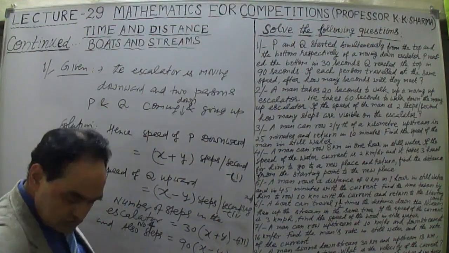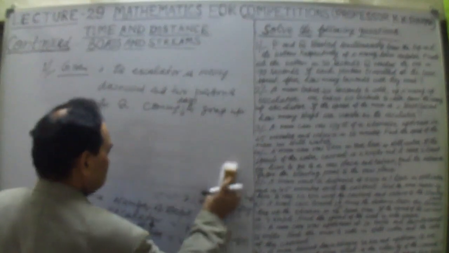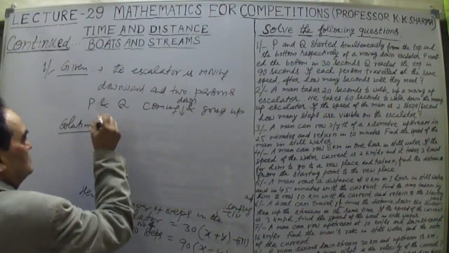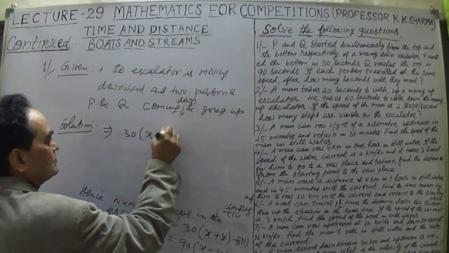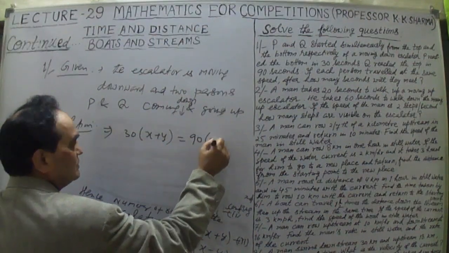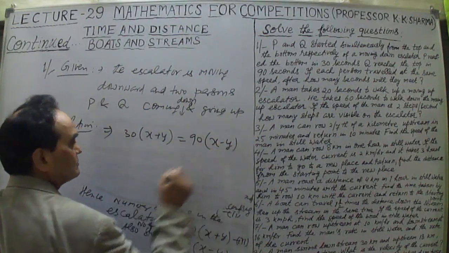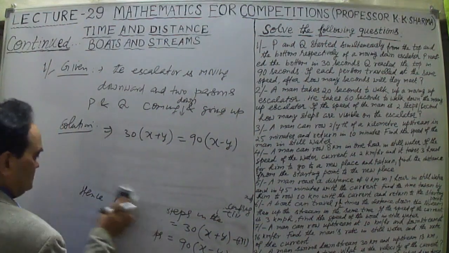Hence, from the third and fourth, let me equate them. Therefore, the total number of steps is the same: 30 into (x plus y) equals 90 into (x minus y). From this, what do we have to find out?